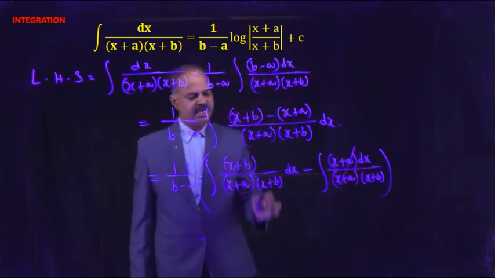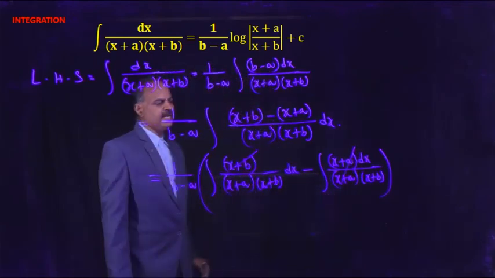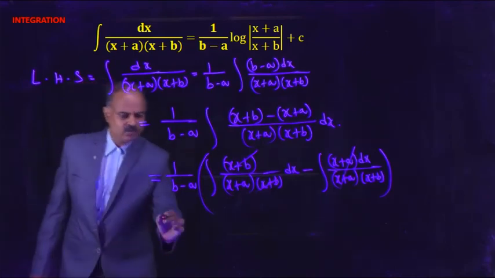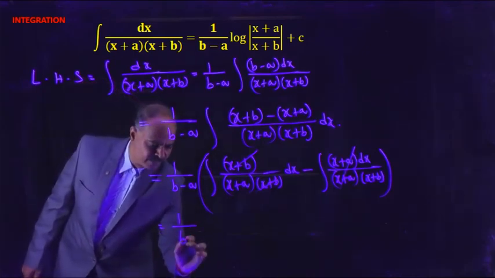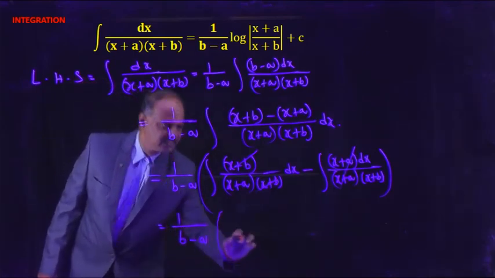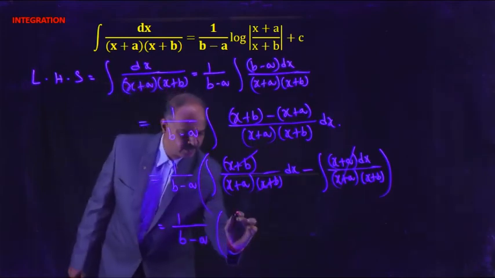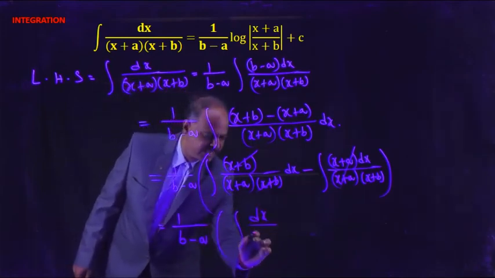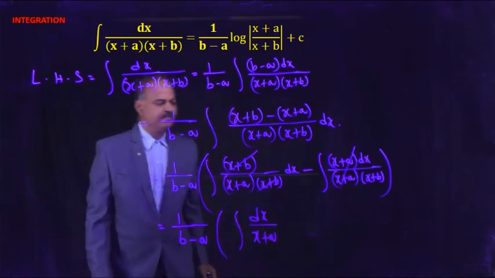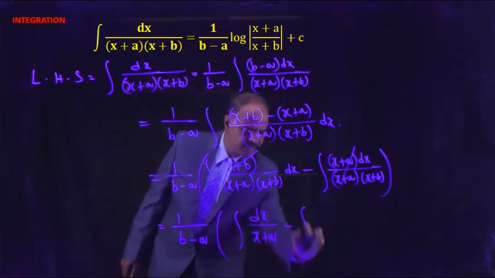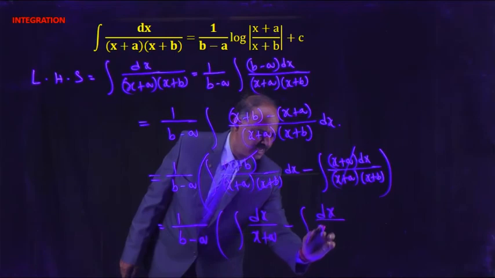Here x plus b and x plus b get cancelled, and x plus a and x plus a get cancelled. Now this is equal to 1 by (b minus a) into integral dx by (x plus a) minus integral dx by (x plus b).